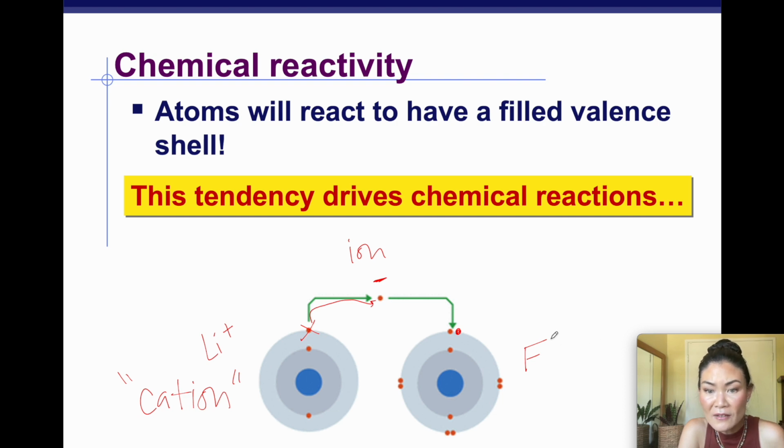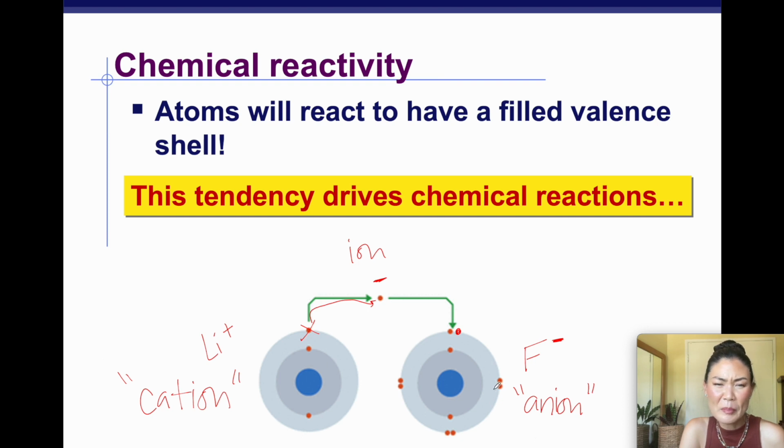It's gained a negative charge, so it's going to have a -1 charge, okay? And so this is now what we call an ion, a negative ion, and we call that an anion. Okay, an anion. So we have cations, which are positive, and anions, which are negative.